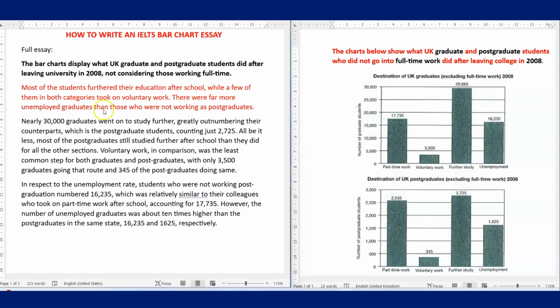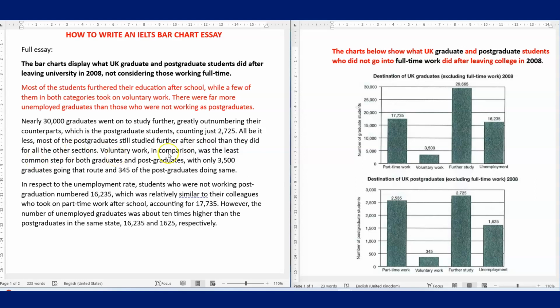There were far more unemployed graduates than unemployed postgraduates. Nearly 30,000 graduates went on to study further, greatly outnumbering their counterparts, the postgraduate students, counting just 2,725. Albeit less, most of the postgraduates still studied further after school than they did for all the other sections.